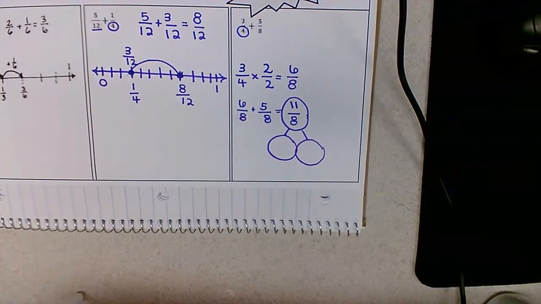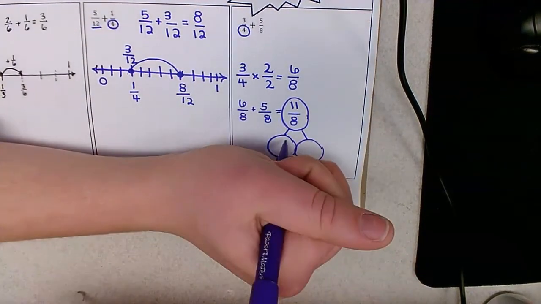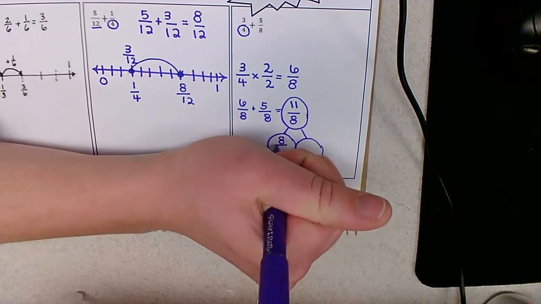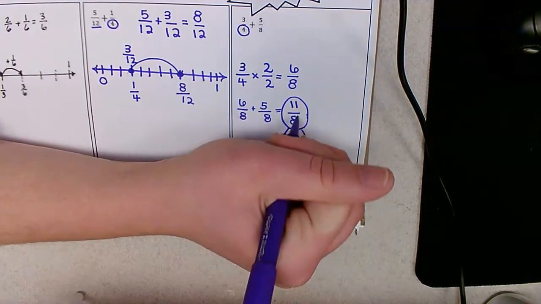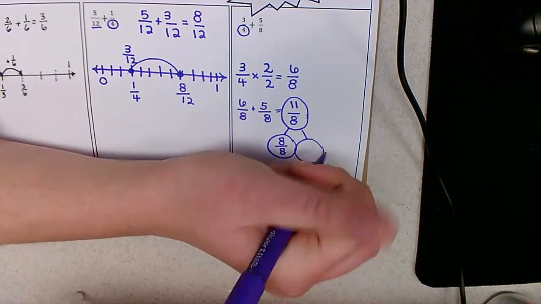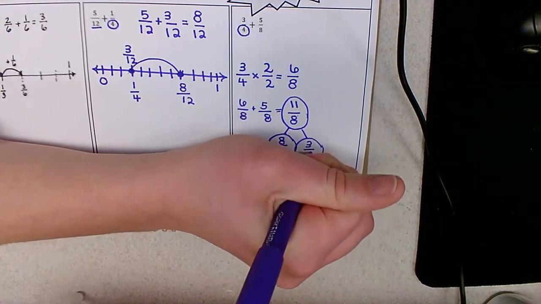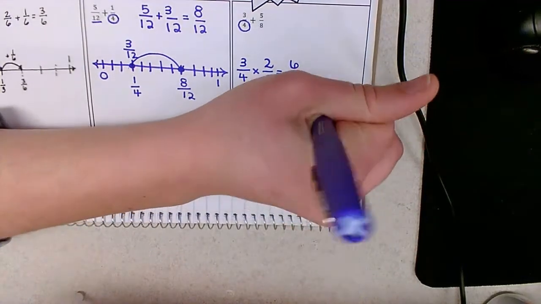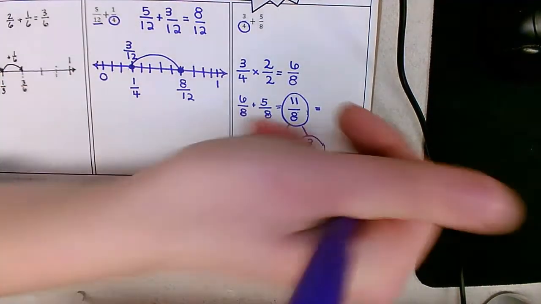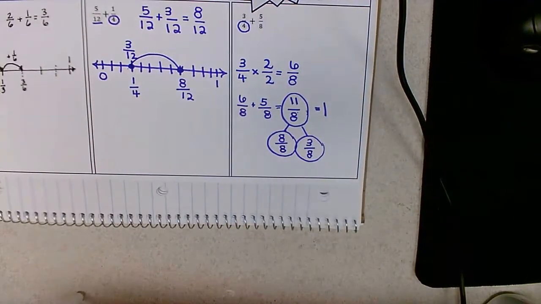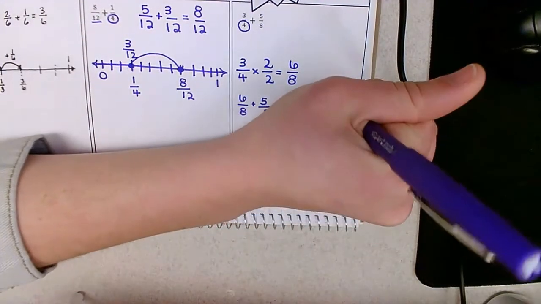To do that, let's pull out one whole group. 11/8, pulling out one whole group would be 8/8. 11/8, take away 8/8 is 3/8. As a mixed number, we would represent this as one whole with 3 additional eighths.